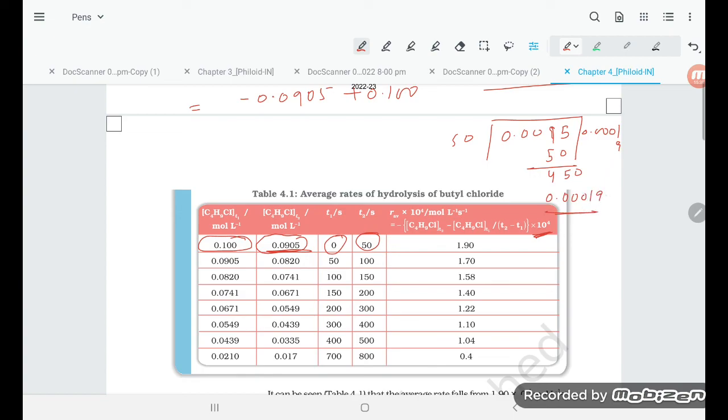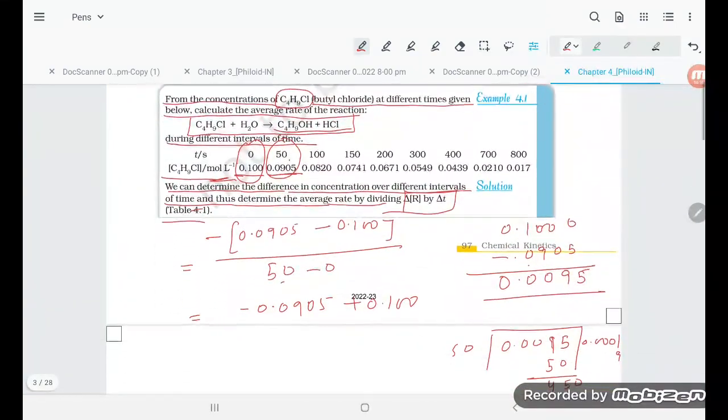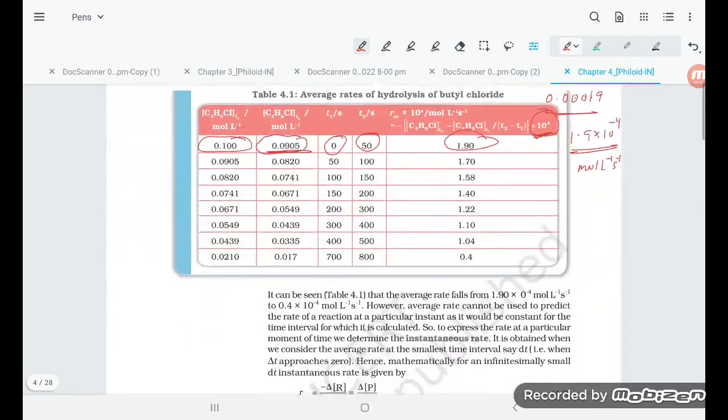If you are writing in scientific notation, it is 1.9 into 10 power minus 4. And the unit is mole per liter per second. So this is how we are supposed to calculate the rate of reaction, students.